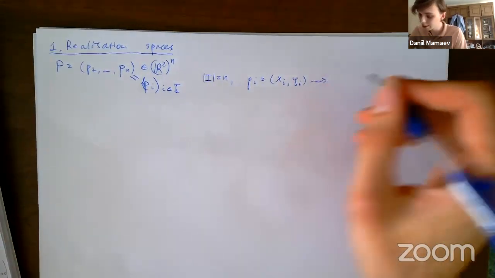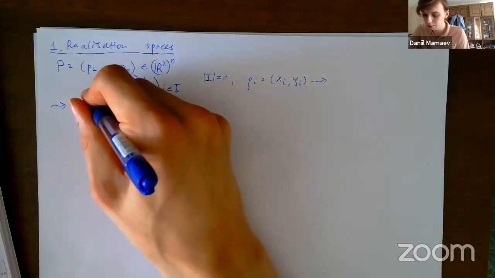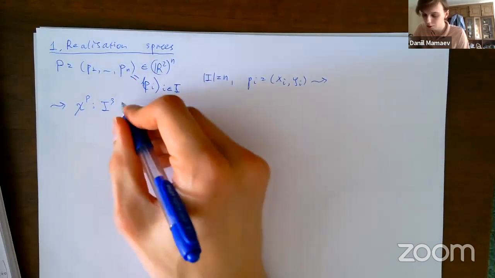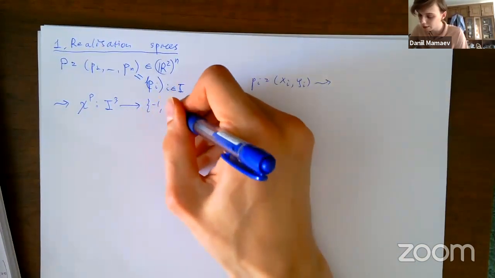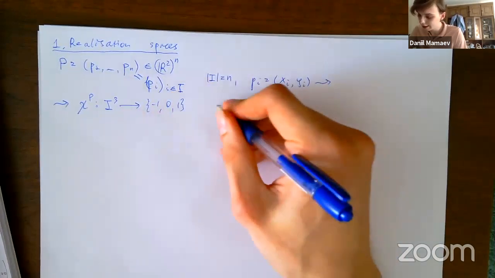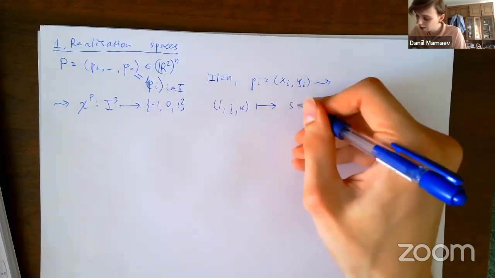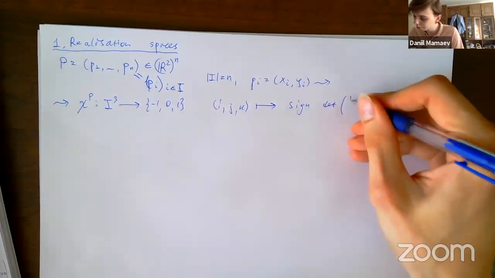From these, we get a map from the cube of the index set to {-1, 0, 1}. It sends three indices into the sign of the determinant of the following matrix.